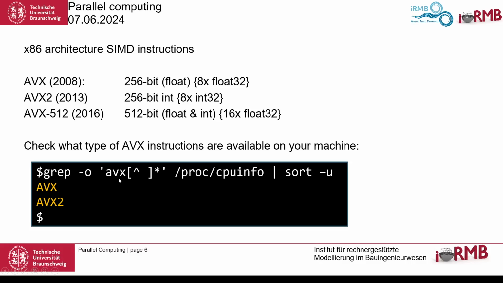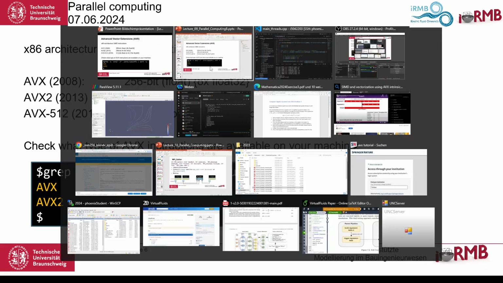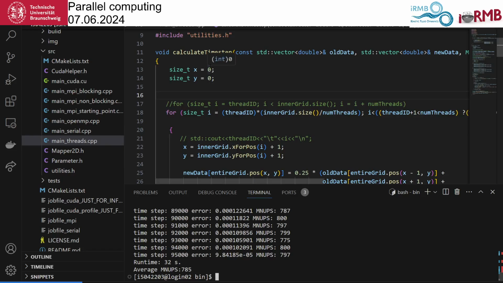So you can look up by various means what extensions are available on your system. For example, you can use this grep operation here to look in CPU info and get information on what is available. I have to look these things up. I'm not a bash scripter.